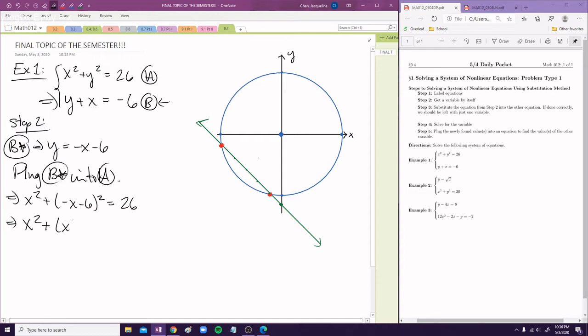So that becomes x squared plus 12x plus 36 is equal to 26. Remember, this is negative x minus 6 times negative x minus 6. Negative x times negative x is x squared. Negative x times negative 6 is positive 6x. Negative 6 times negative x is positive 6x. And when I add them, I get 12x. And then negative 6 times negative 6 is positive 36.